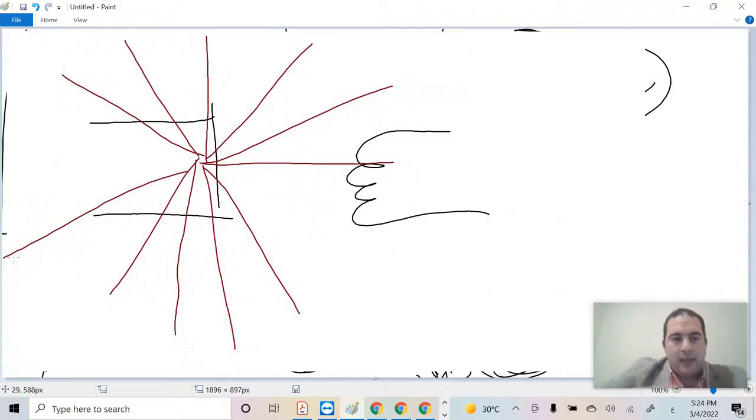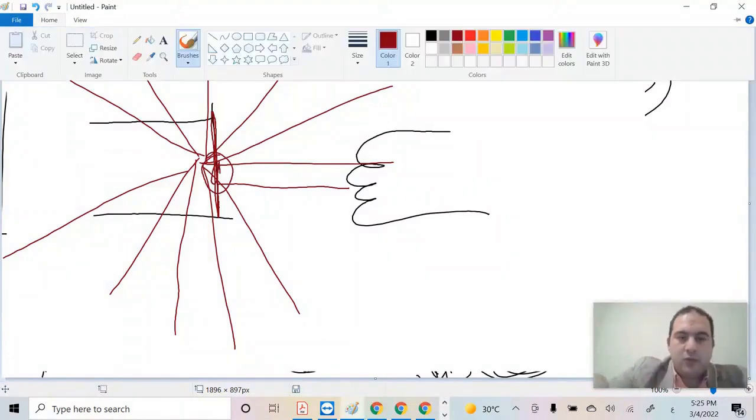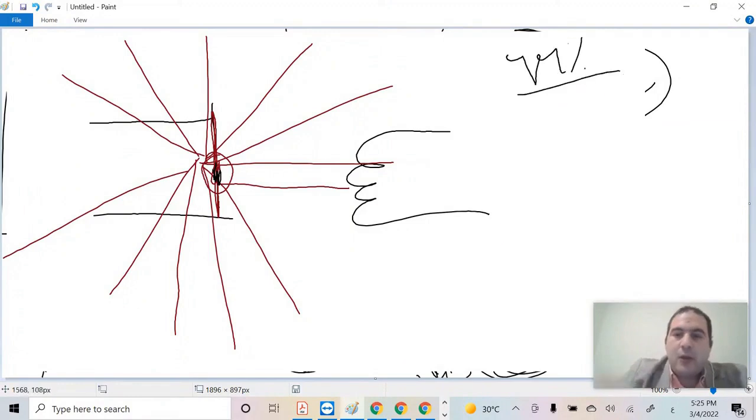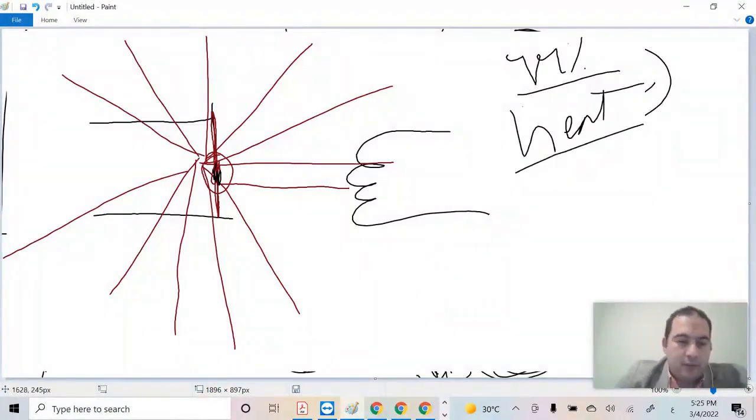If this is the anode, and this is the electron beam produced from the filament and incident on this part of the anode, then as we have previously discussed, 99% of the collisions between the electrons and the anode result in heat.